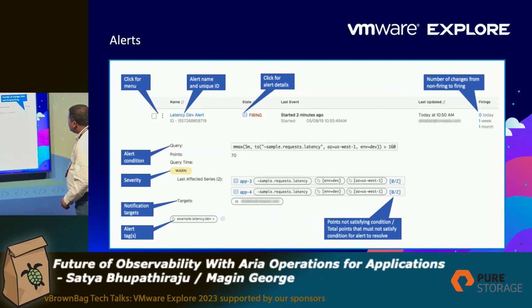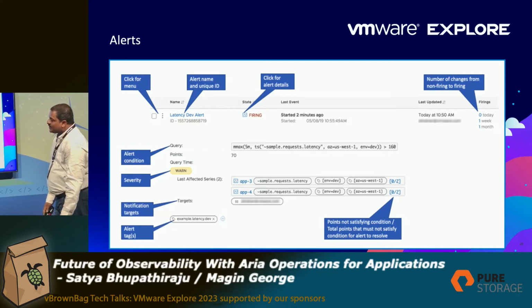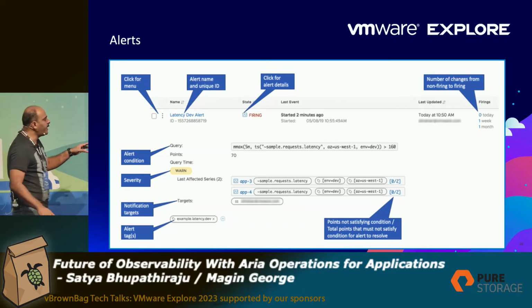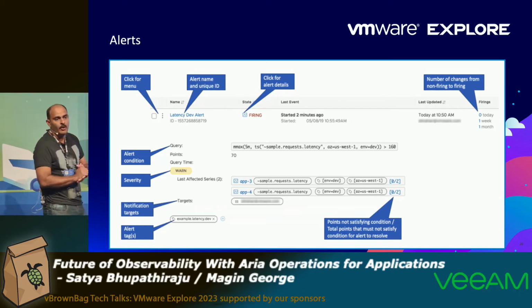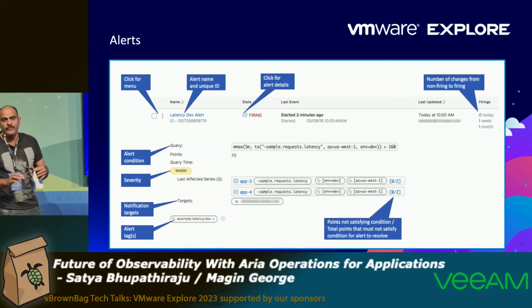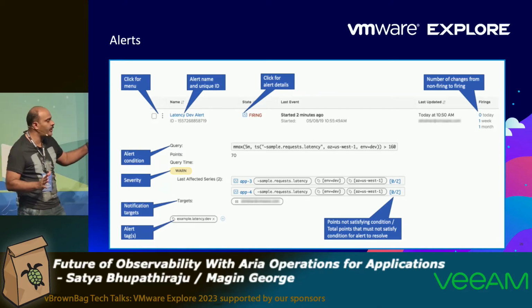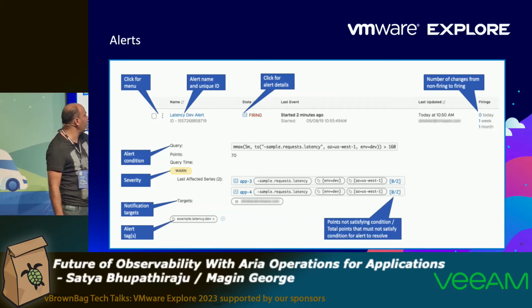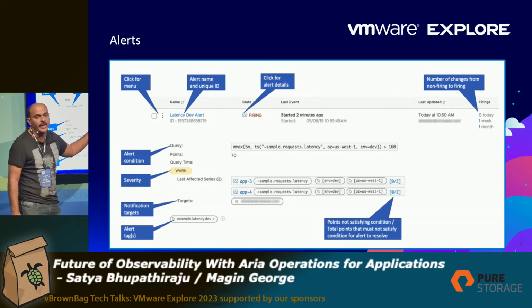Just to add, I may use Wavefront interchangeably with this tool. That was the prior name of this tool. So it has a query language called WQL, which is Wavefront Query Language. It is a very powerful query language, which you can use in creating your dashboards or charts, or even for defining your alert definitions.